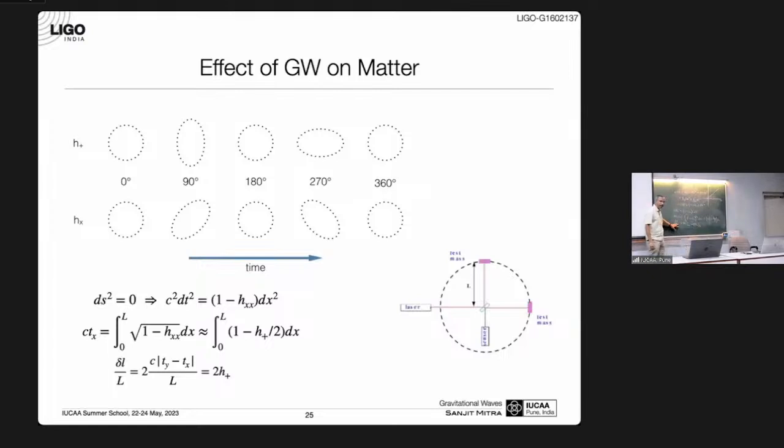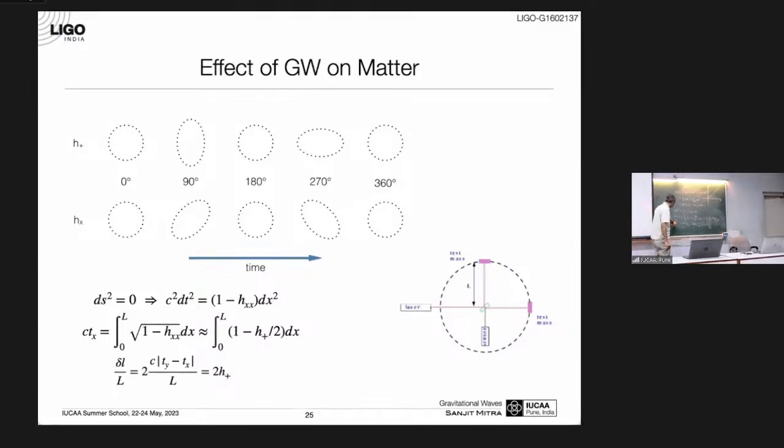This will be the change which was introduced by gravitational waves. So you can say minus h plus L by 2, sorry, c. C has to be there.